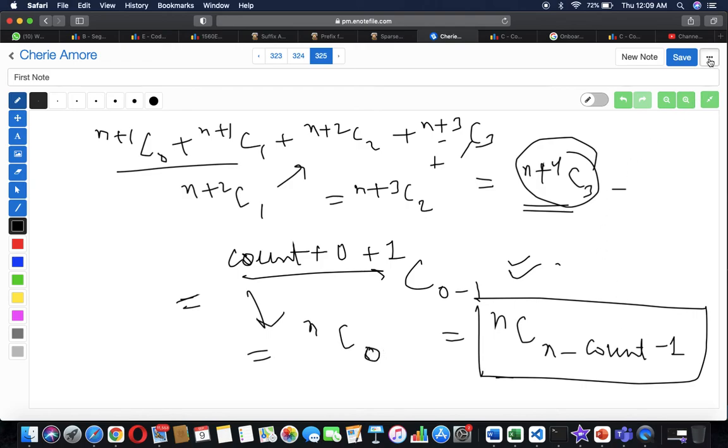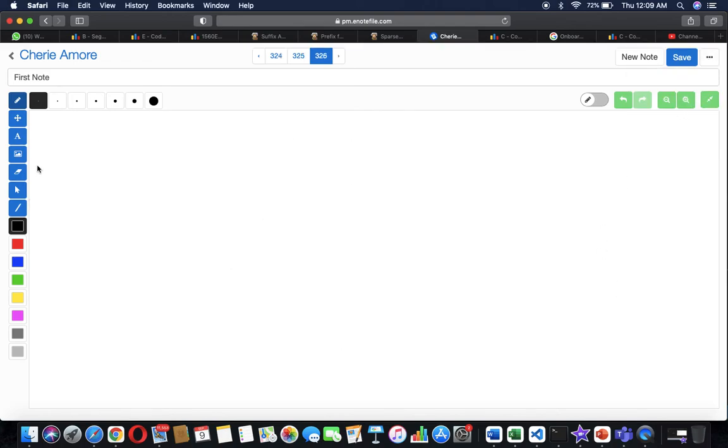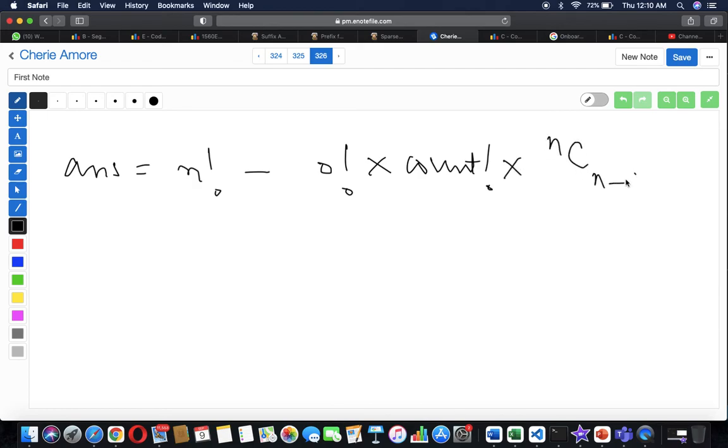So the total answer was n factorial minus the not nice permutations, which was O factorial into count factorial into n C n minus count minus 1. O is basically nothing but n minus count minus 1.